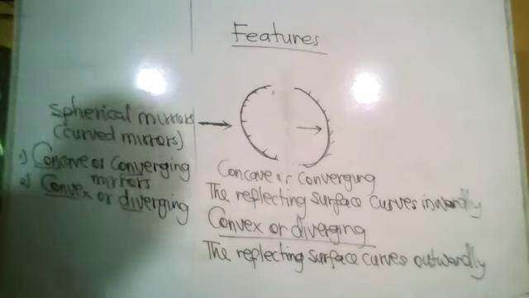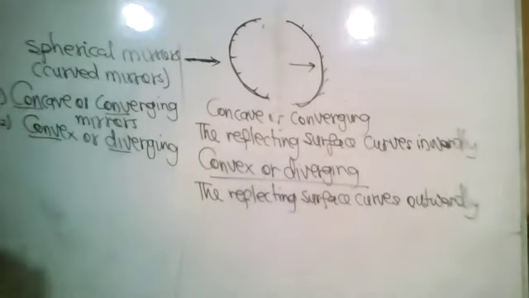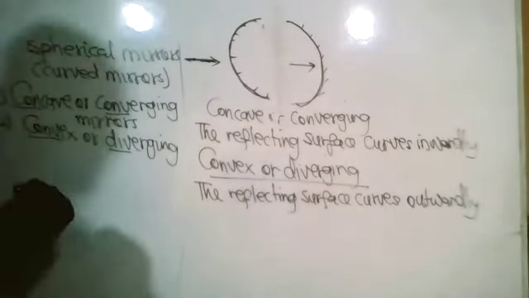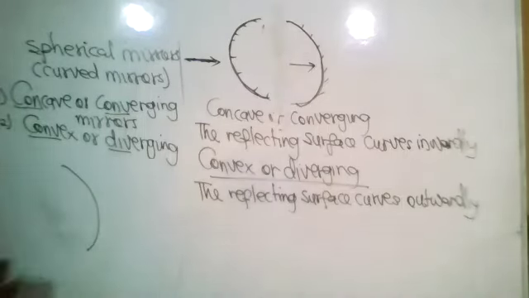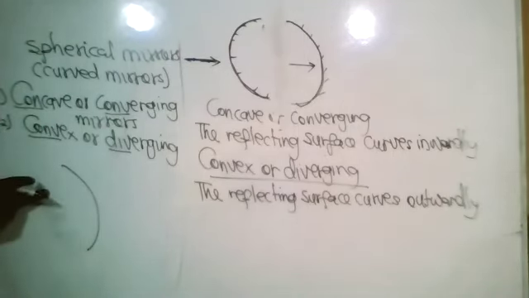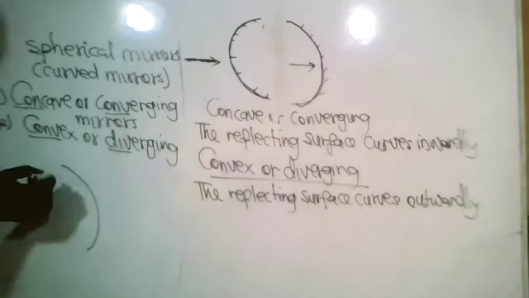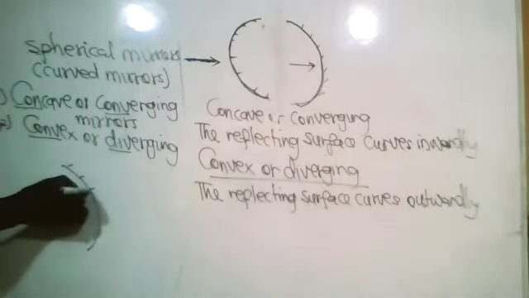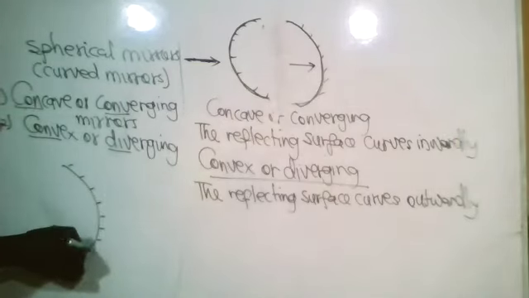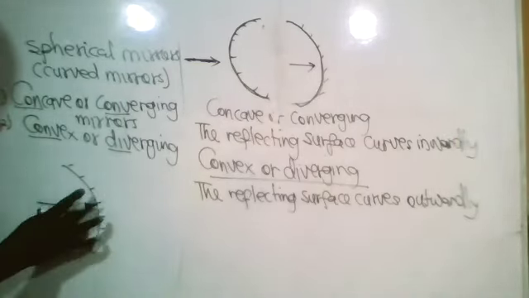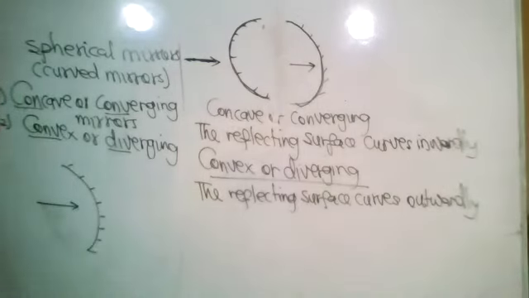So if I draw a curve, just a single curve, I can design it to look like a concave or convex mirror, just from this curve. If I want this to be a concave mirror, then it depends on where I coat. Then I'll coat this side so that this becomes a reflecting surface. And this is a concave mirror because the reflecting surface curves inwardly.